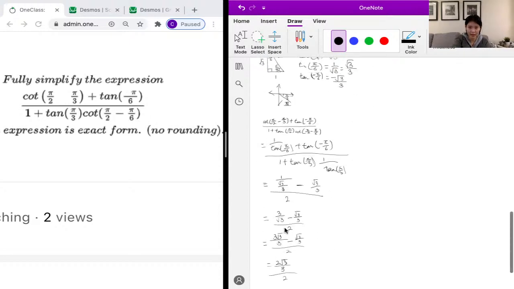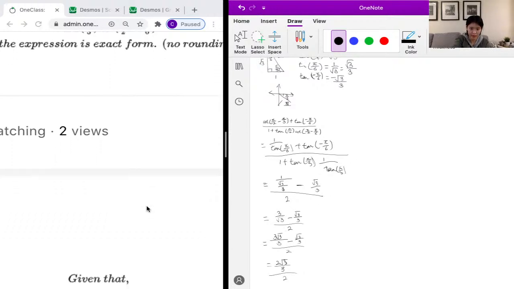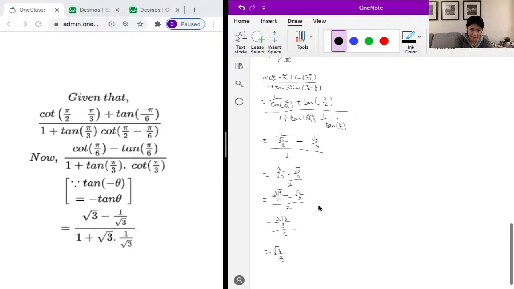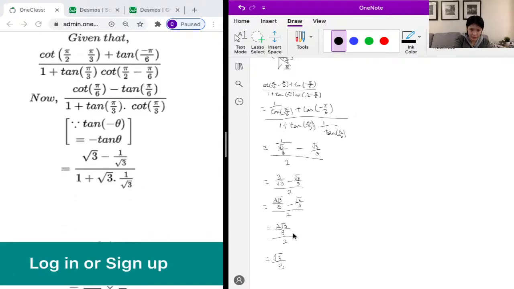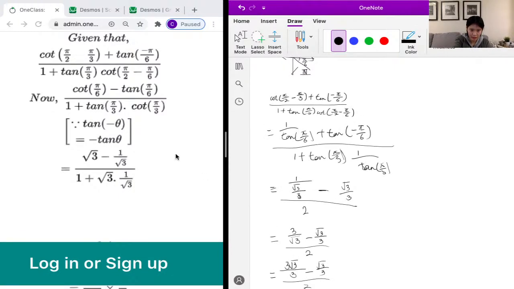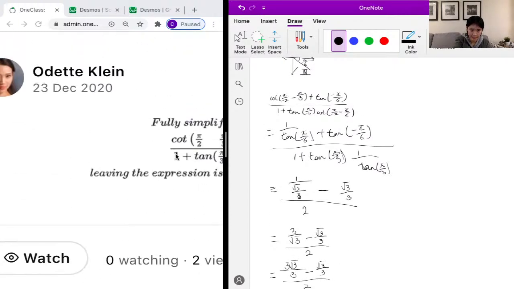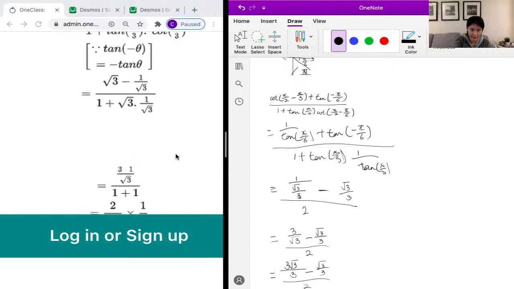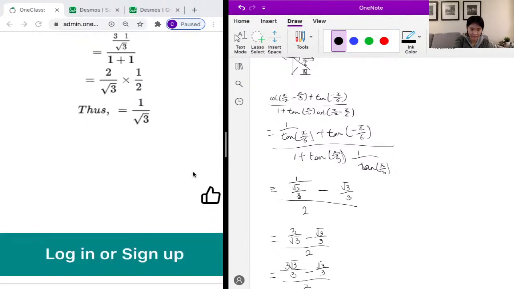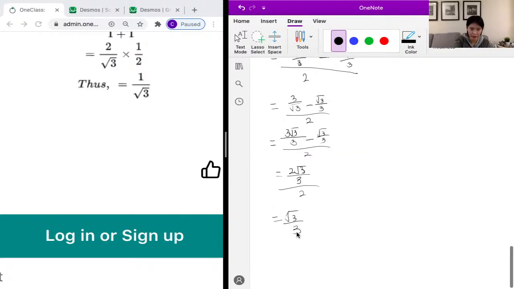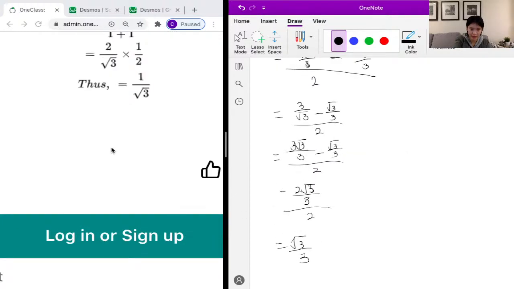Okay, now let's look at our sample solution. Our sample solution says that they simplify it this way, but it says fully simplify. So if they want, yes, they did fully simplify. Perfect. So we have 1 over root 3, which is root 3 over 3.